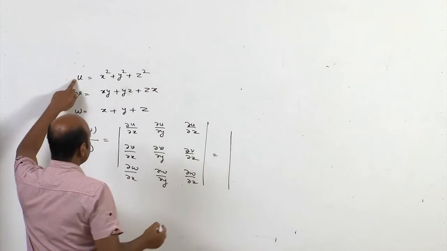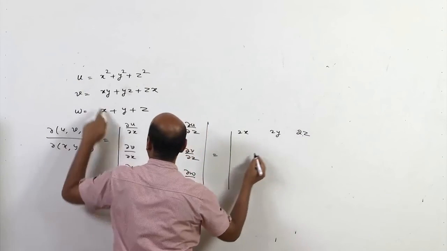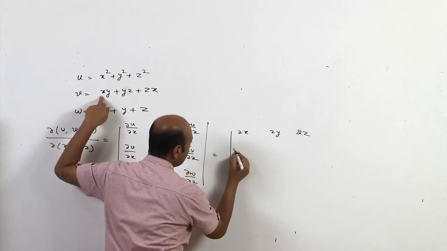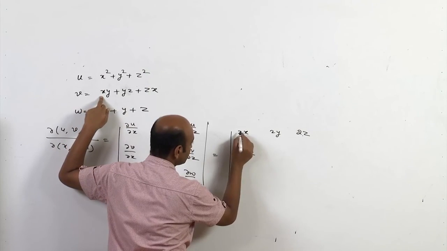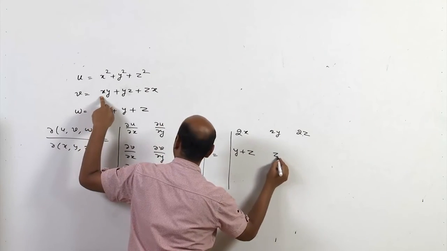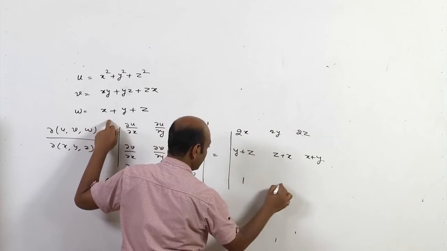What is del u upon del x? 2x, 2y, 2z. Then del v upon del x is y plus z, then z plus x, x plus y, and then 1 1 1.